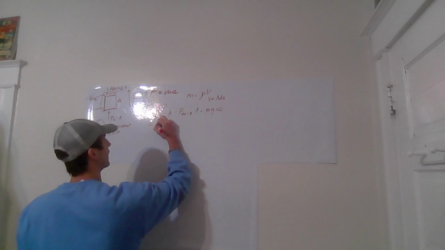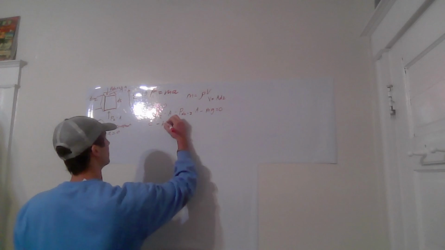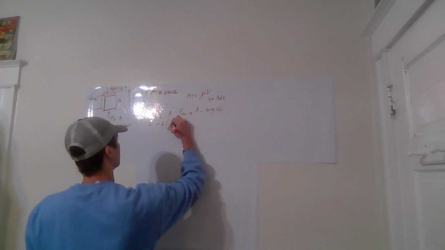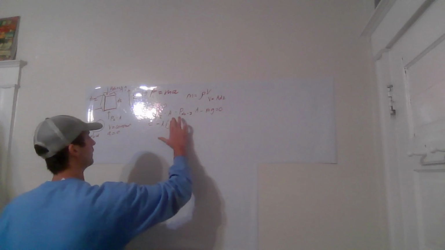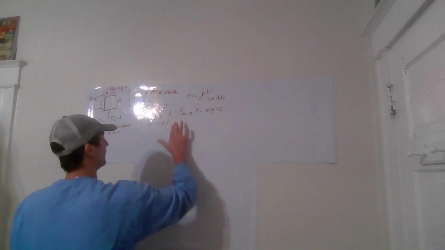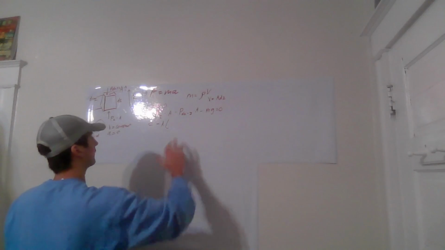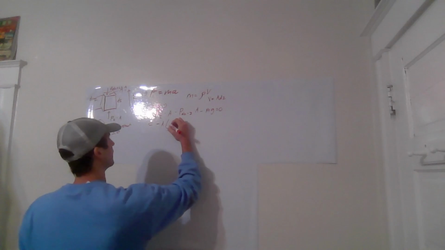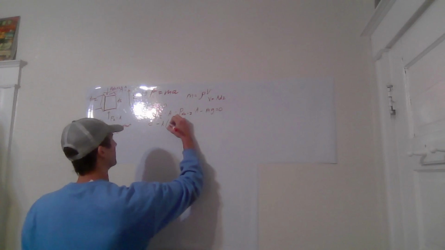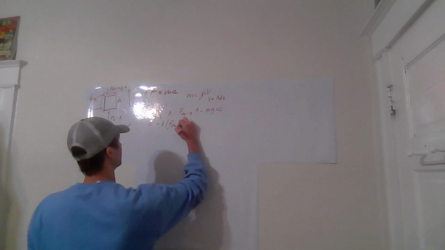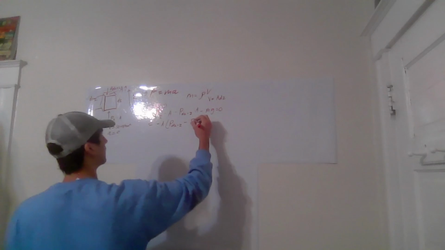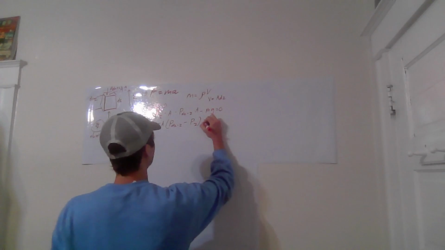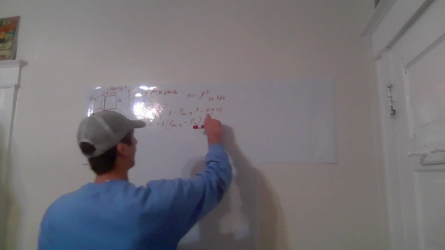So let's just say negative A is equal to pz. We're going to switch these, so it's going to be P at dz plus z minus our pz equal to our mg.